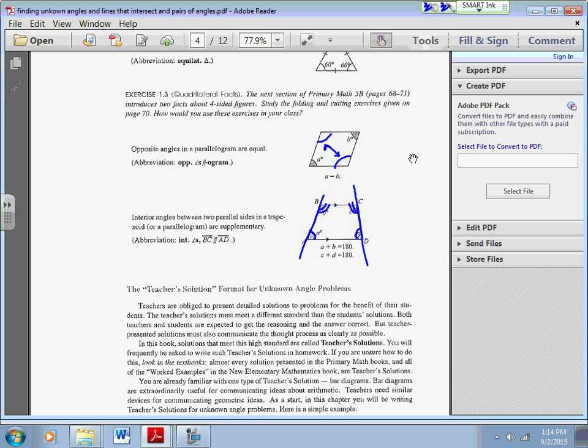Now, in a trapezoid, the two angles on the top are not going to add up to 180, okay? Those two angles could be different, depending on the way this line is, if it's longer. These two sides do not necessarily have to be congruent on a trapezoid.